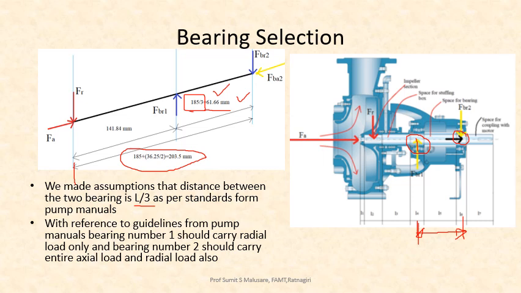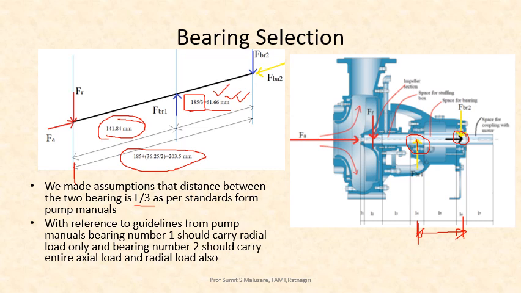So now the total length comes out to be 203.5 mm, and out of this, the distance between the center of the hub, the center of the impeller section, and the bearing center comes out to be 141.84 mm, and the remaining is 61.66 mm over here.